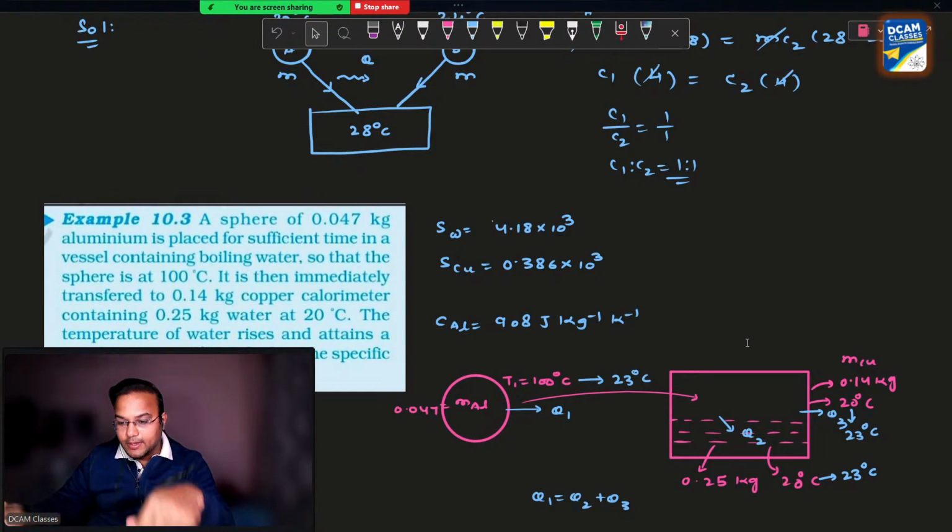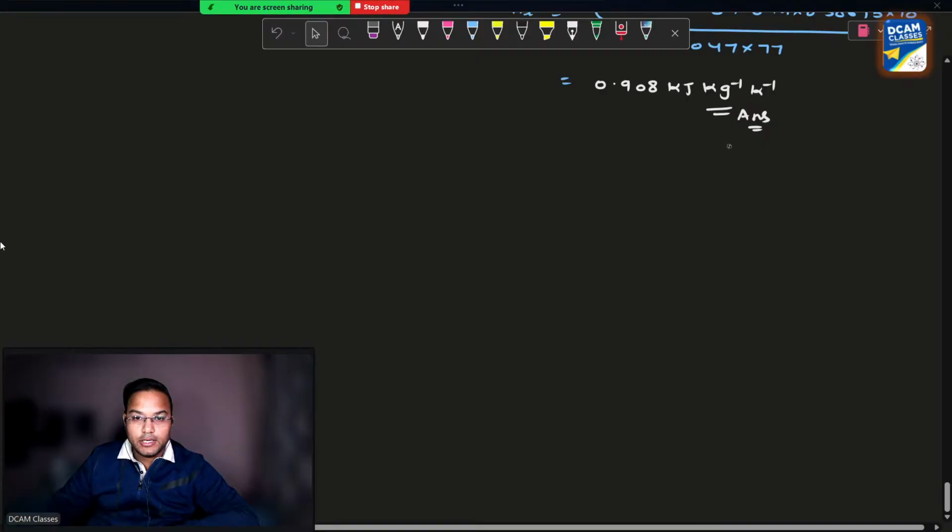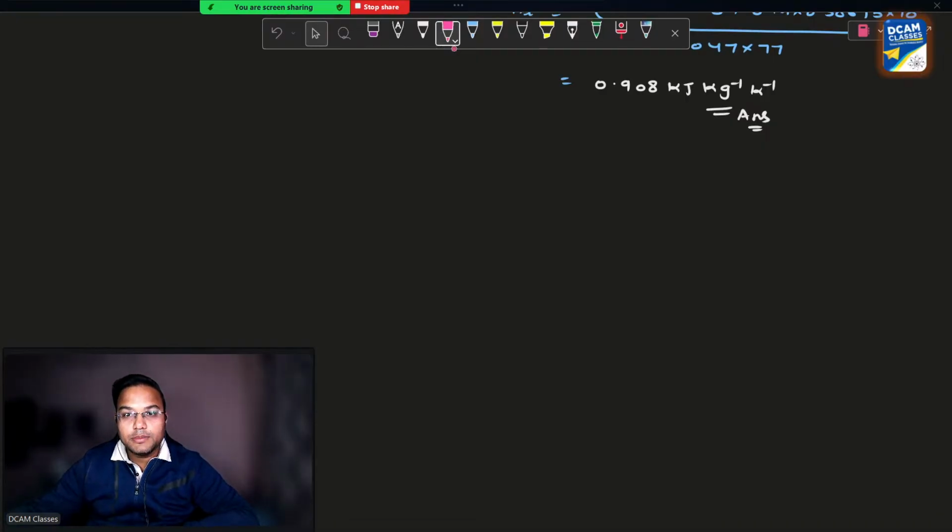In this class, I'll be telling you about the phase change. Then we'll move on to the actual heat transfer and radiation. This part comes under calorimetry.